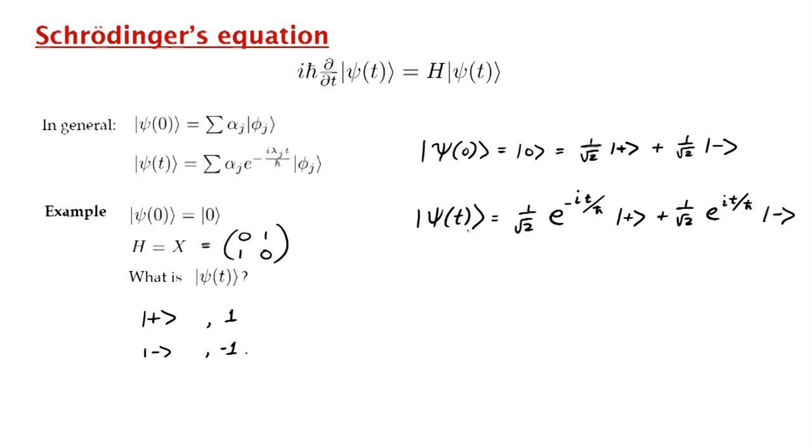So for example, if you had t equal to pi h bar over 2, then what's the state of our system? Well, you'd get 1 over square root 2 times, the h bars will cancel, e to the minus i pi by 2, which is cosine of minus pi by 2 plus i sine of minus pi by 2, which is minus i.